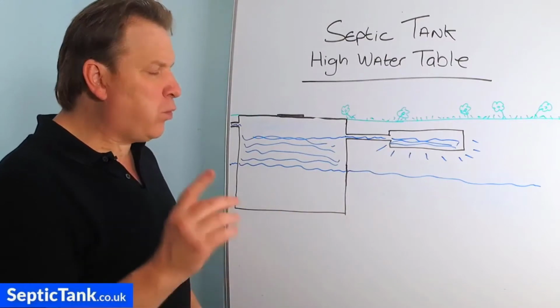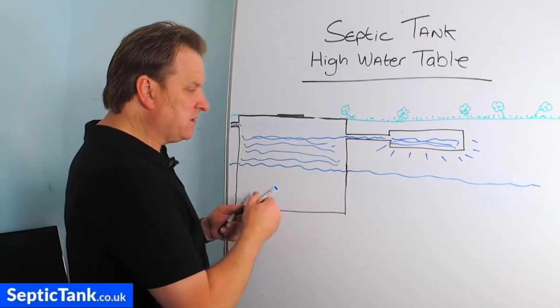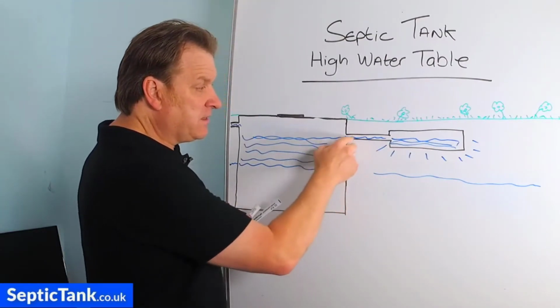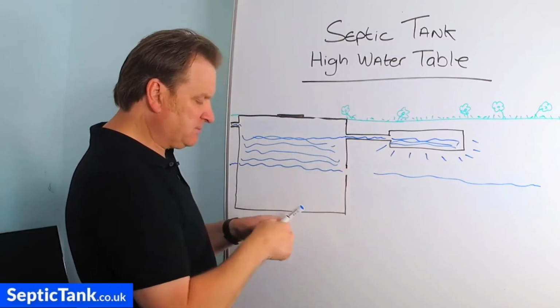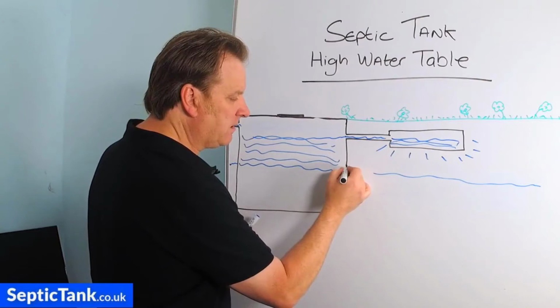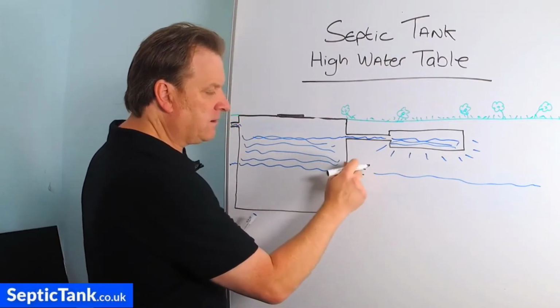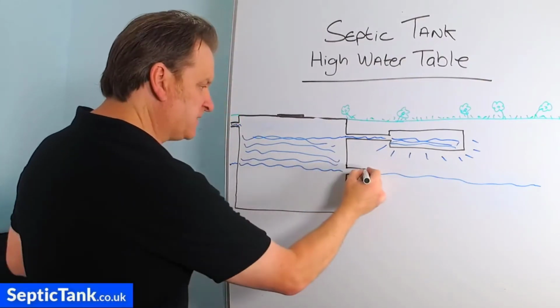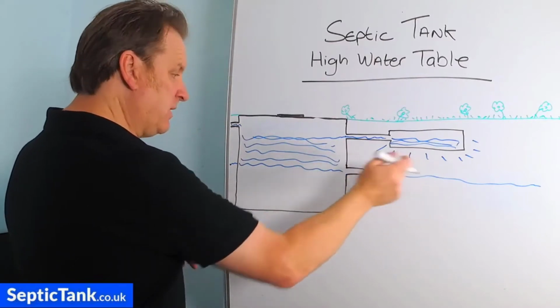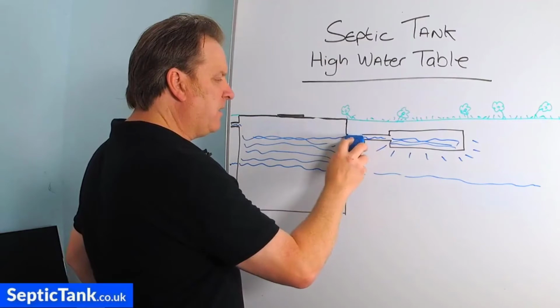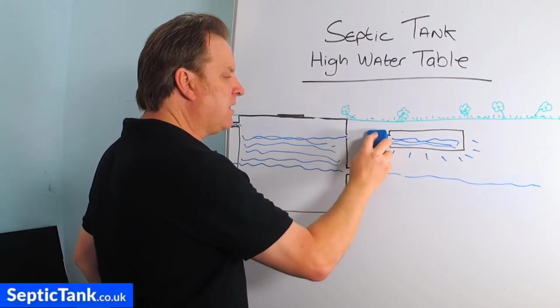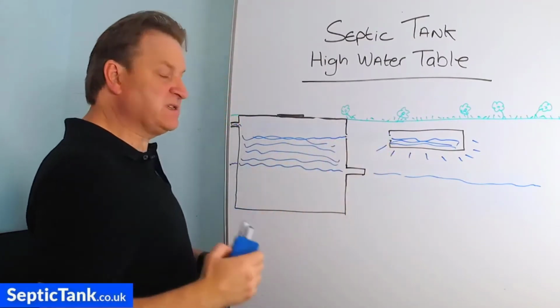All right, so what if you can't raise the level of the outlet pipe? So what do I mean by that? Well, let's say this was the original position of the soakaway, and your soakaway was here. Let's say, for example, that you can't do it. So what would be some reasons as to why you can't do that?